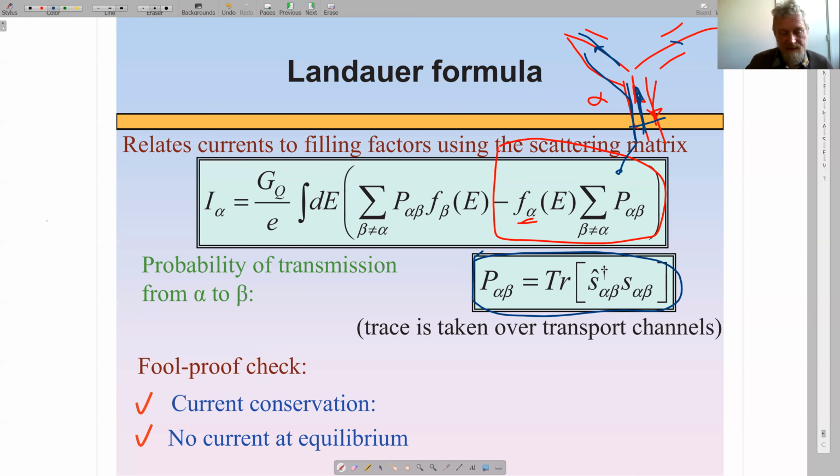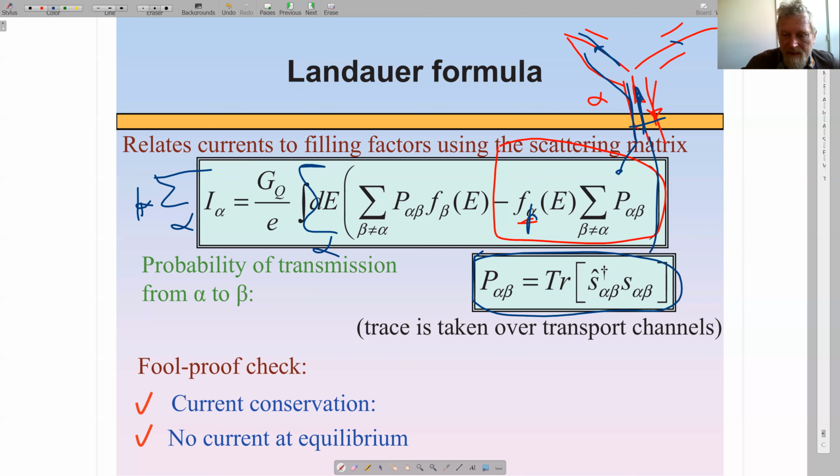And one can run simple proof checks. Current conservation. How to, for instance, check current conservation? Well, we just sum up over alpha. Finally, I've got the chat window. We sum up over alpha, and then under the index of summation, we can interchange alpha and beta, then these two terms cancel immediately.